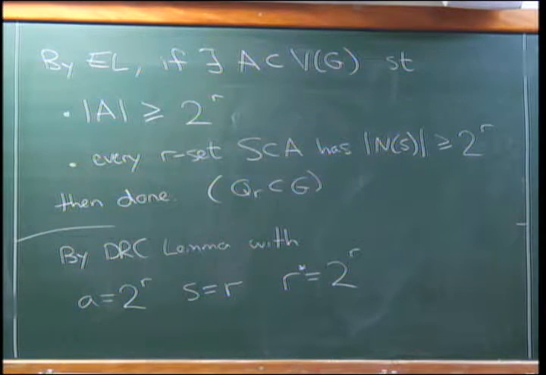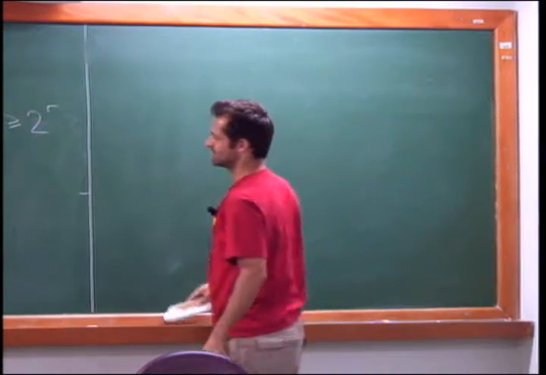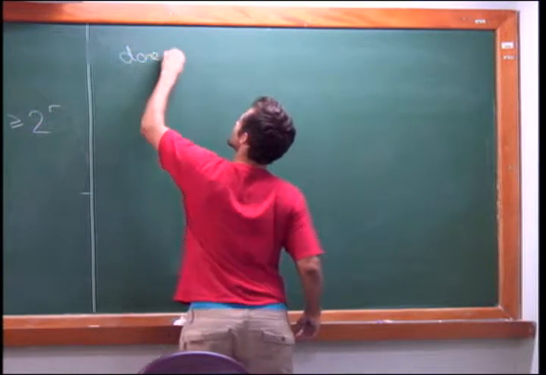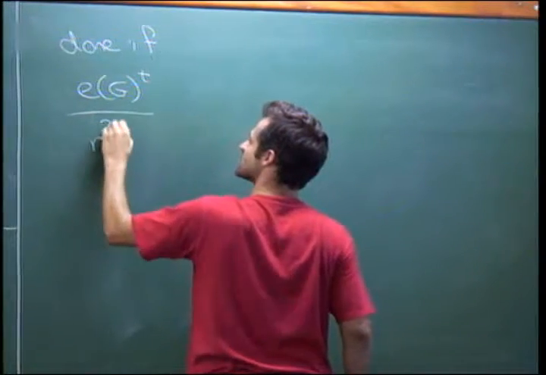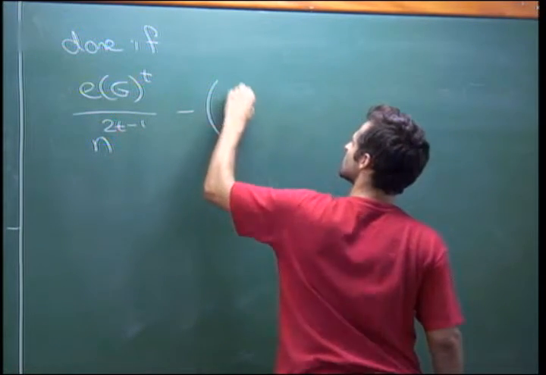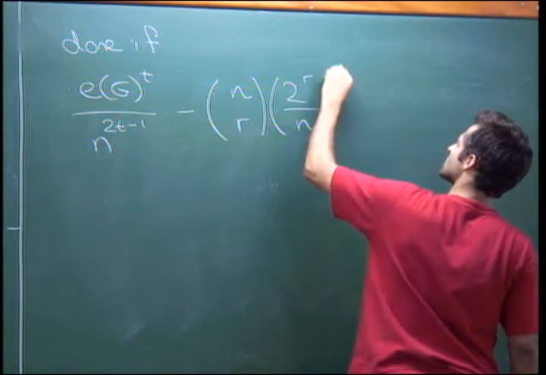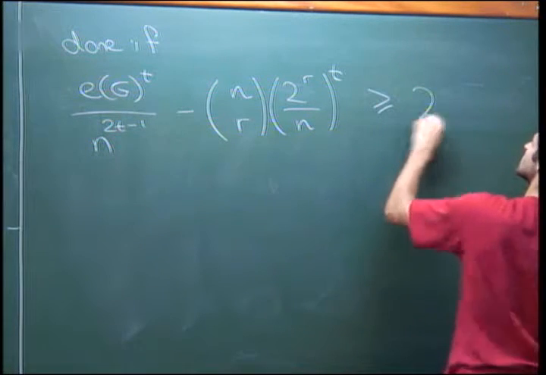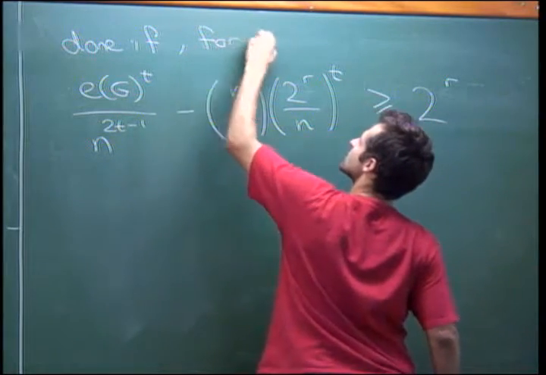So we're done if what? We're done if the number of edges of G to the power T over n to the 2t minus 1, minus n choose R times 2 to the R over n to the power T, is at least 2 to the R. So we just want to find the value of T such that this holds.